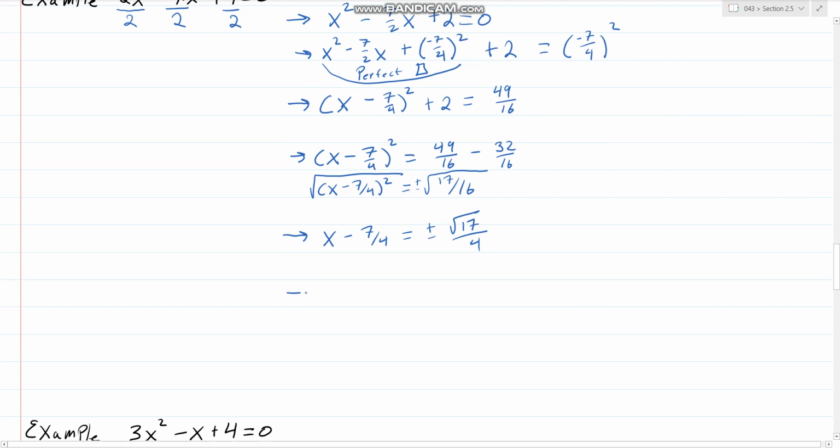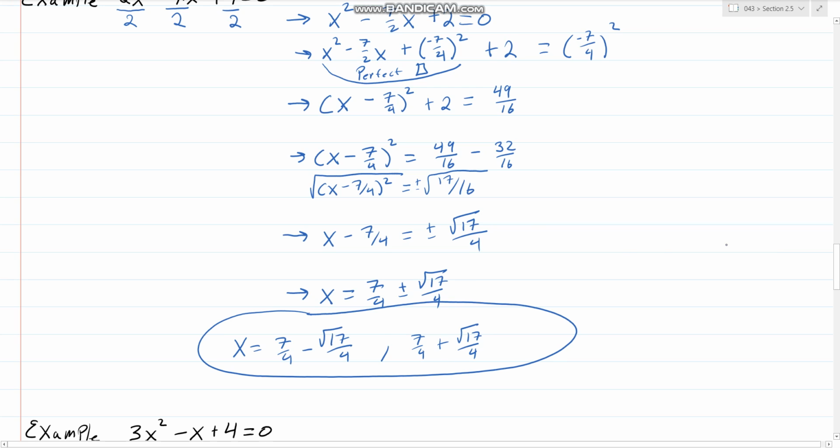Now I can add 7/4 to both sides, so I get x equals 7/4 plus or minus root 17 over 4. It's a hard problem. There are 2 answers there: x equals 7/4 minus root 17 over 4, and 7/4 plus root 17 over 4. Kind of a hard one, but it should all be there, and I hope that helps.